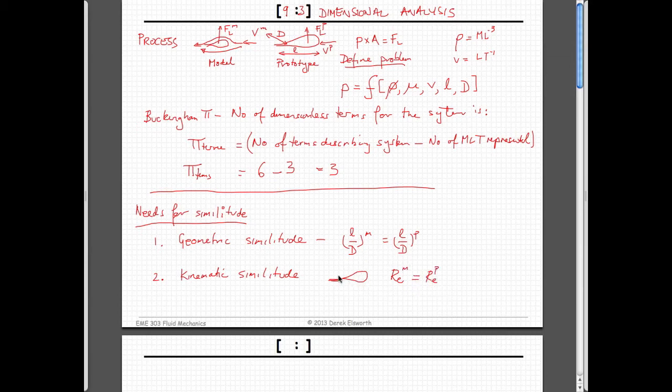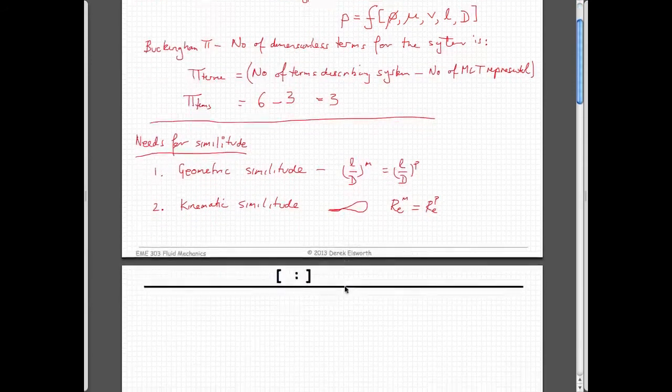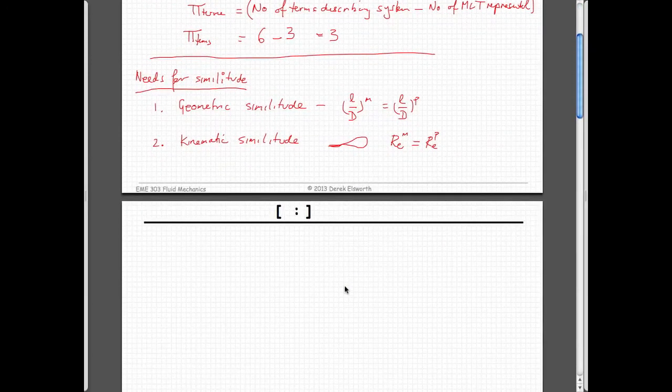Physically, that means the flow pattern around the model is exactly the same as the flow pattern we'd have around the real-life prototype. And therefore we have a fighting chance that if we make measurements of other parameters, they'll be representative in some way. Those are the first two of the three requirements.